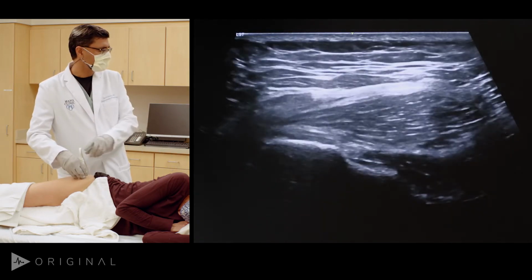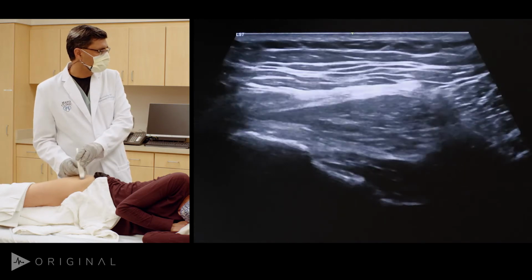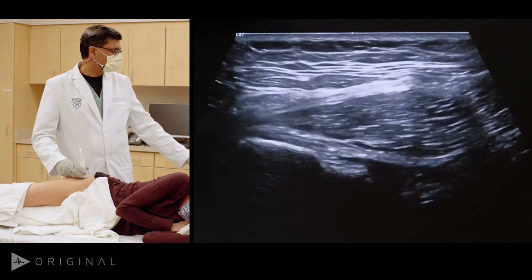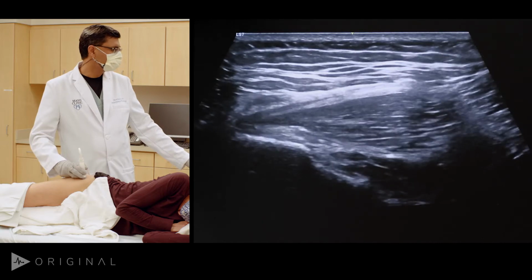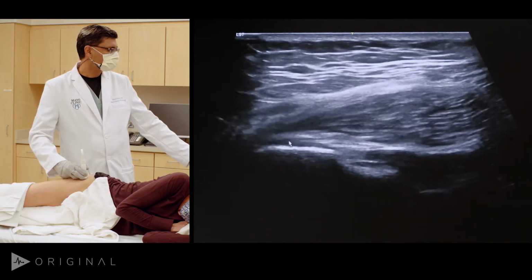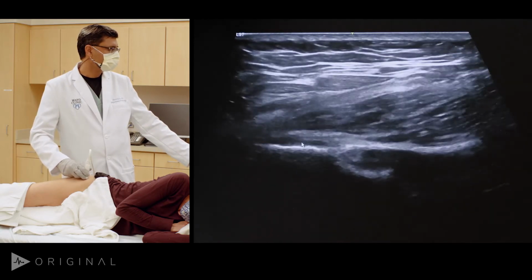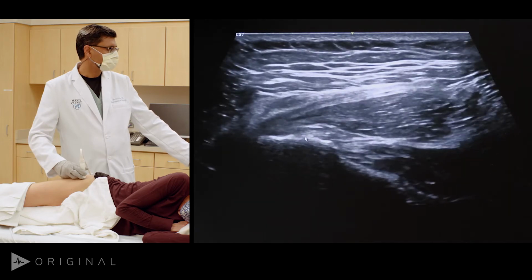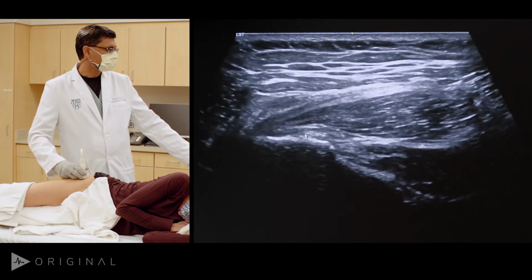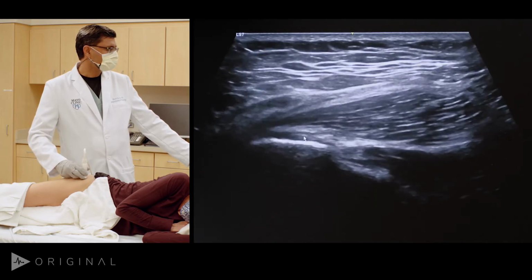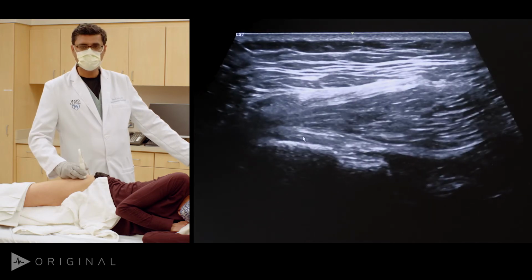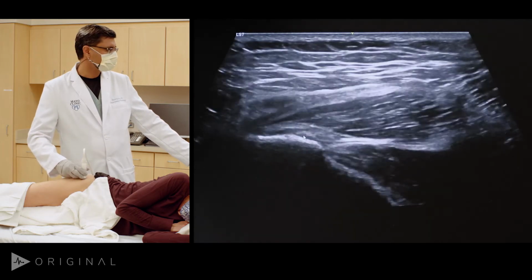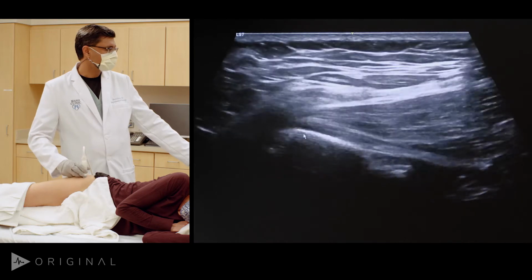You can see I angle anteriorly, and when I angle anteriorly, there is this gluteus minimus tendon, which is better seen. You can see it's hyperechoic.